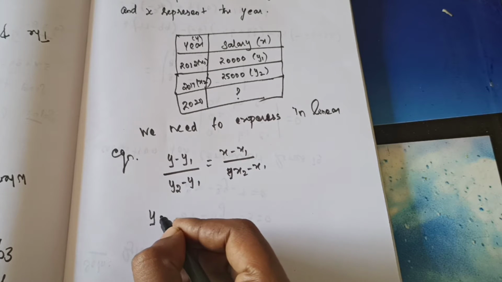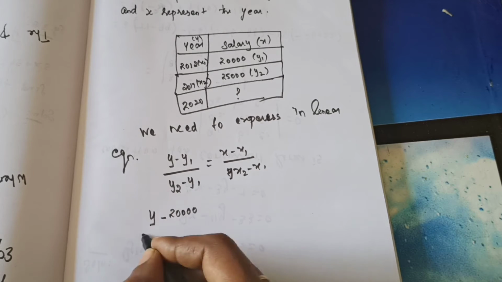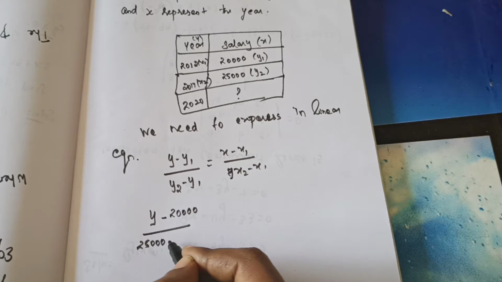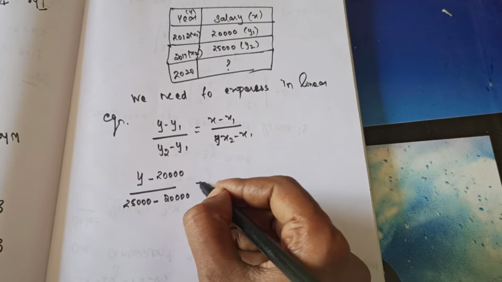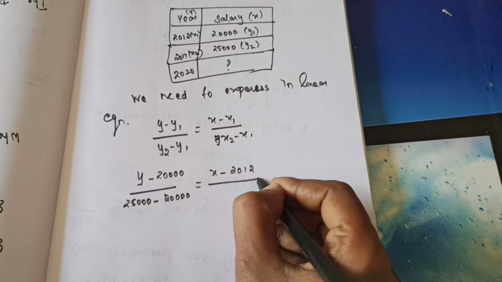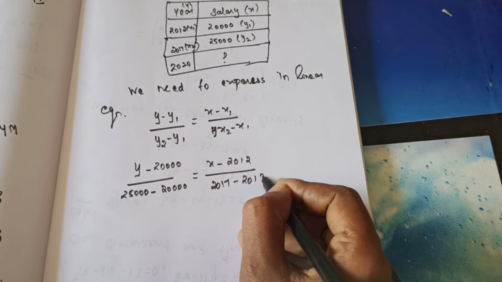Now, y minus y1, what's the y1? 20,000. Okay. y2, what's the value? 25,000 minus 20,000 is equal to x minus x1 value 2012 divided by 2017 minus 2012.